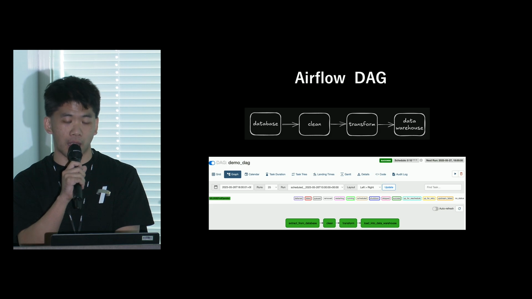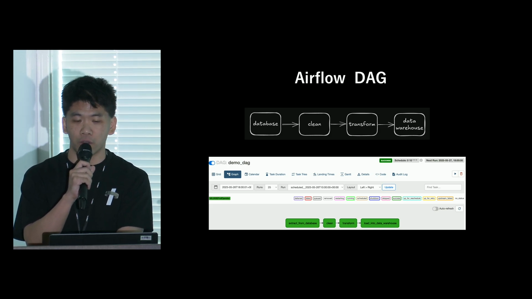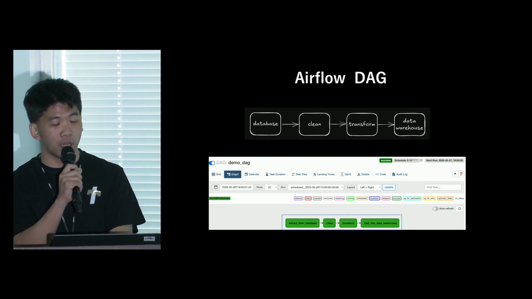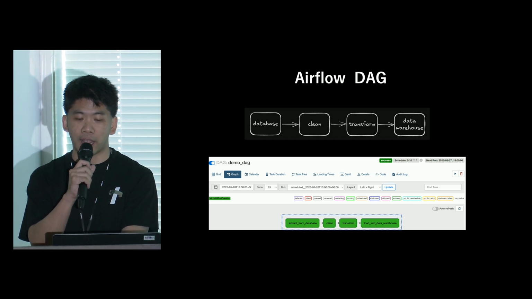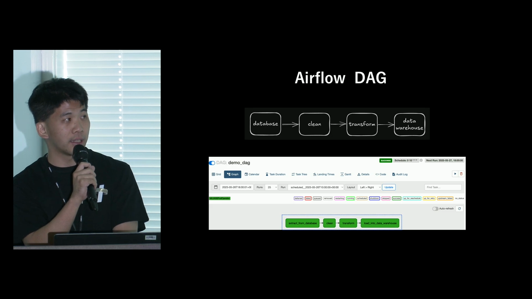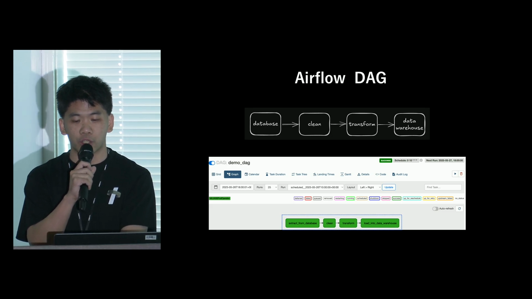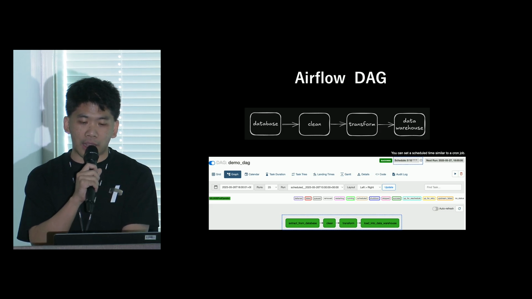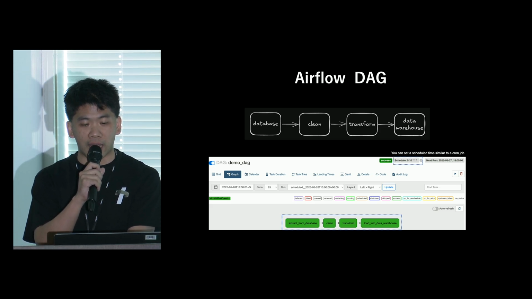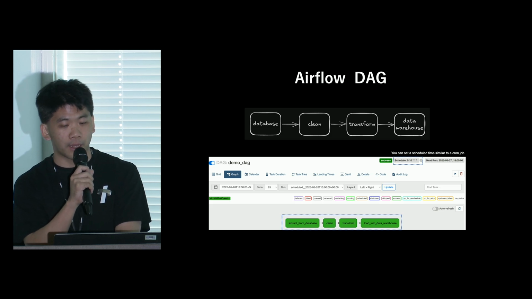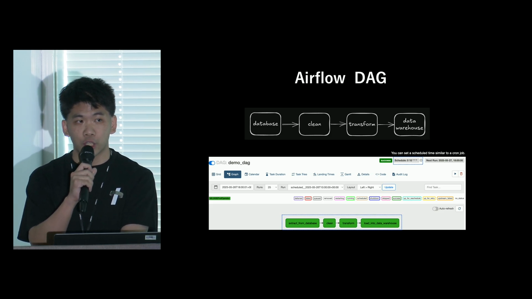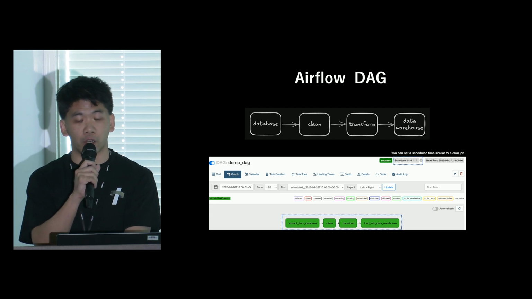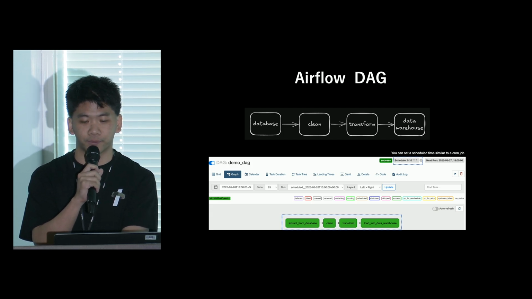So how do you do that in Airflow? In Apache Airflow, you define each task as a Python function or an operator, and then organize these tasks into a DAG to manage dependencies and the execution order. And you can set a schedule similar to a cron job, and Airflow automatically triggers and runs the entire workflow according to the schedule you set.